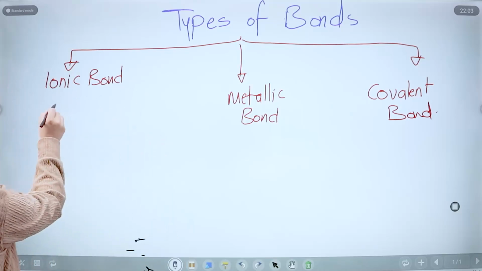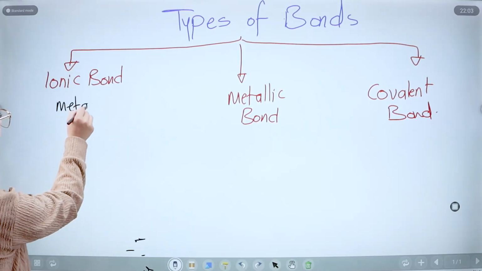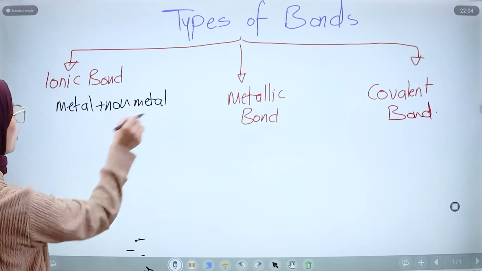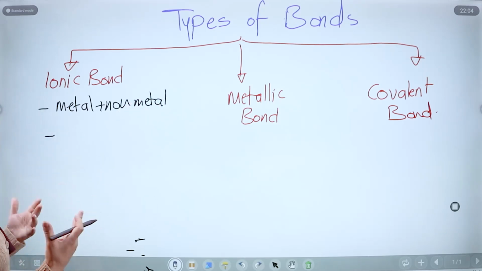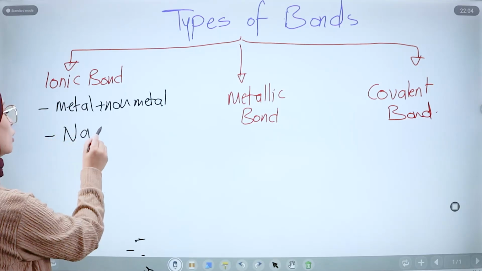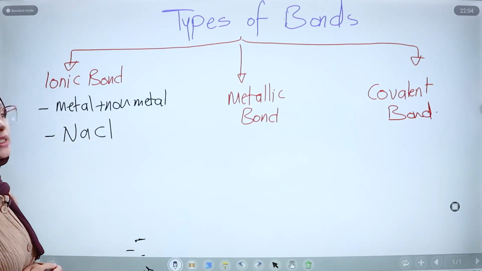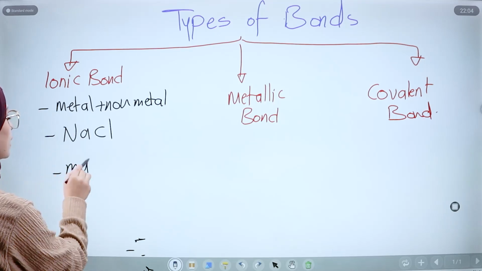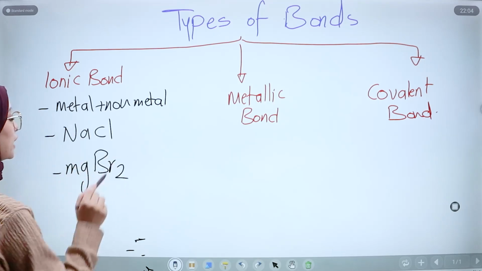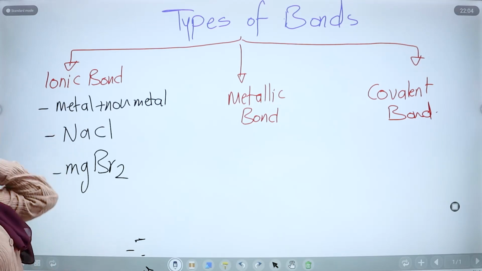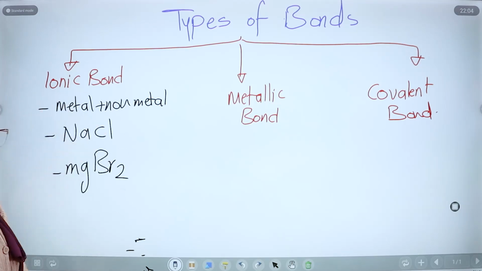So again, this is metal with non-metal. This is ionic bond. The most famous example: sodium is in group number 1, chlorine is in group number 7. This is an ionic compound. We can say that I have magnesium and Br2, magnesium bromide, and so on. These are ionic bonds, which are metal with non-metal.